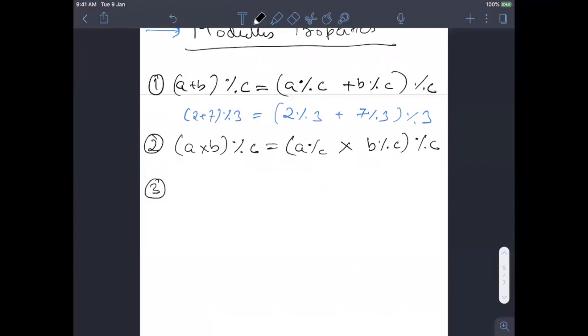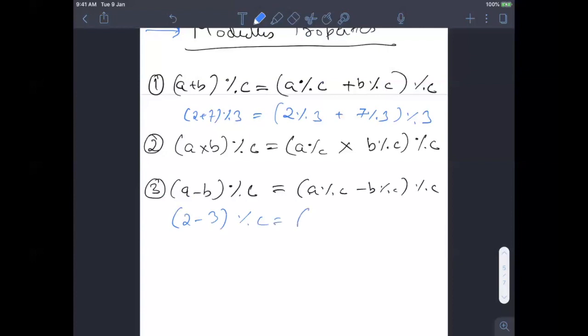The third property is (a minus b) mod c. You might think you can write it as ((a mod c) minus (b mod c)) mod c. That is fine as long as a is greater than b. But let's take an example: something like 2 minus 3.